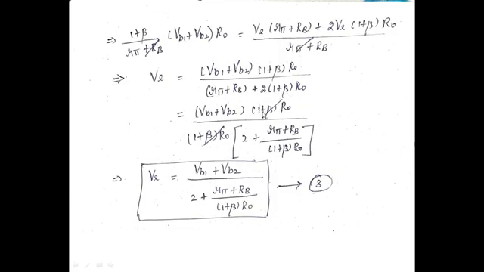And 1 plus beta has been cancelling. So I'm getting the final equation for my emitter voltage as VE is equal to VB1 plus VB2 divided by 2 plus R pi plus RB divided by 1 plus beta into R naught. This is going to be considered equation number 3.